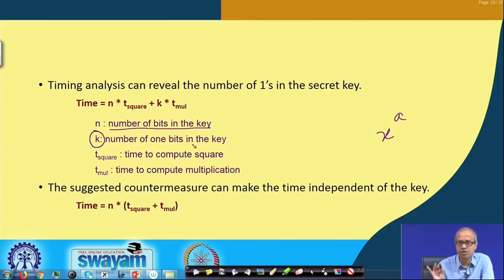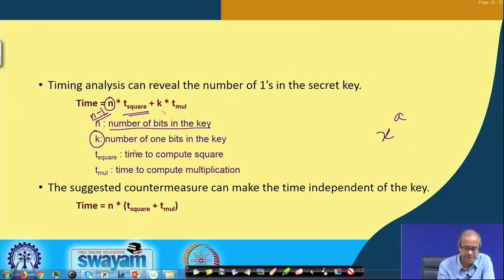Then in the normal case, in the previous case, the total time was square, well actually this will be n minus 1, not n, 1 less, and k multiplied by so many multiplication operations.